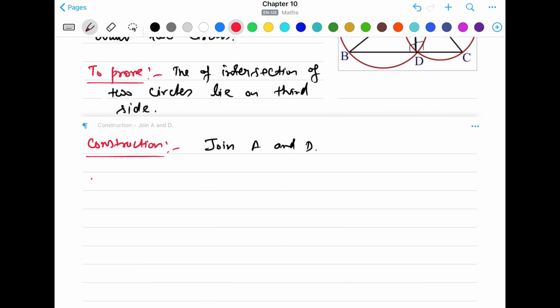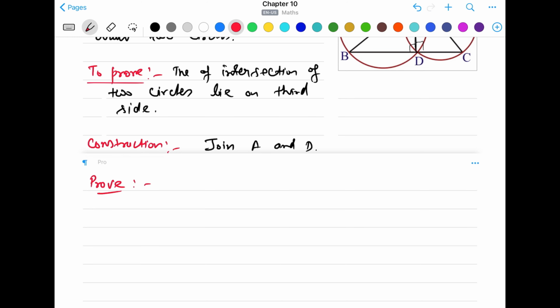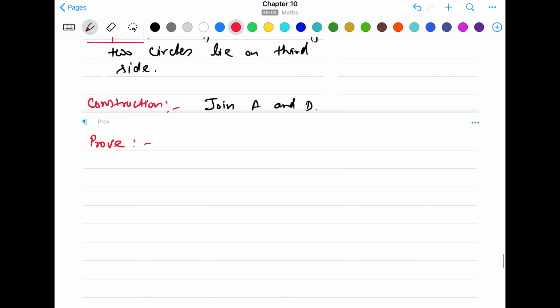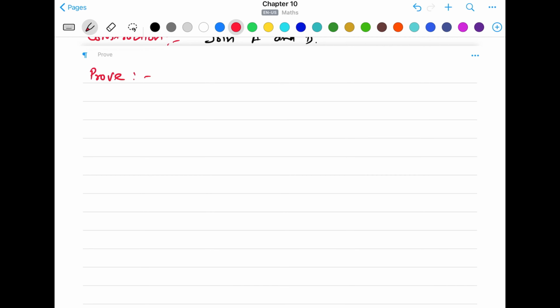By proving that they are forming a linear pair, that means point D is lying on the line BC.